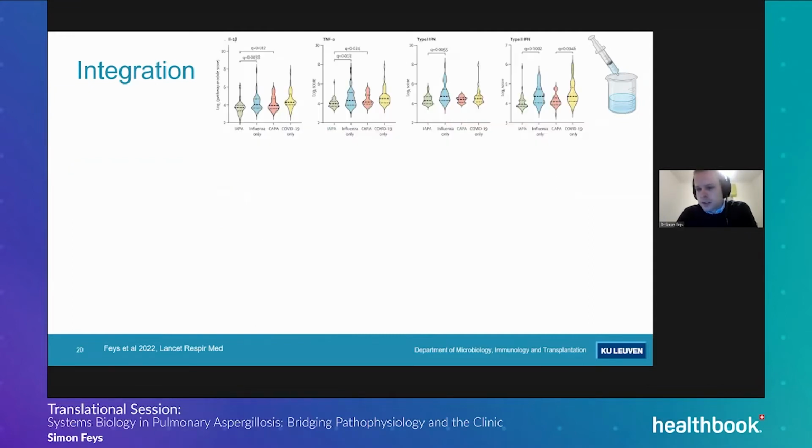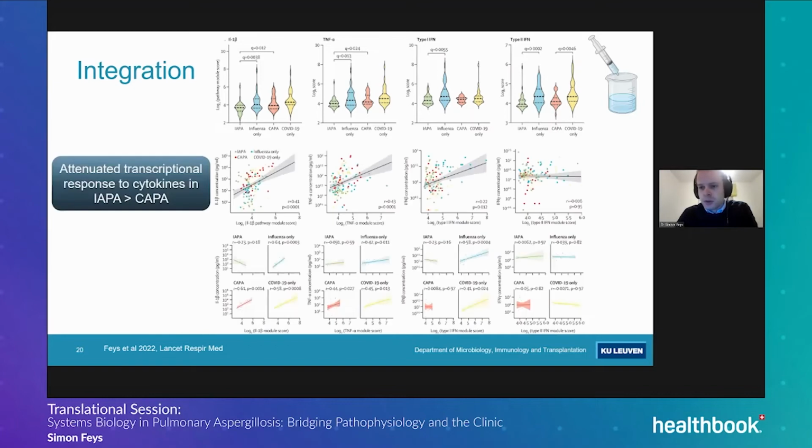But more interestingly, the transcriptional response to some of the major cytokines, namely IL-1 beta, TNF-alpha, and type 1 and type 2 interferon, was attenuated in IAPA patients and also in CAPA patients compared to the non-aspergillosis patients. The cells in the bowel fluid of these patients seem not to be able to respond in a proper way to these cytokines.